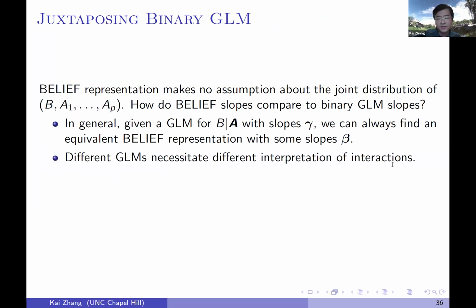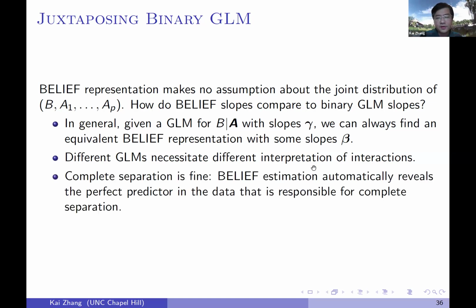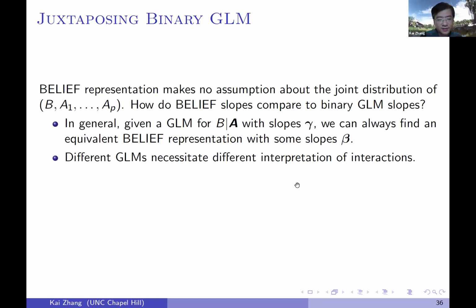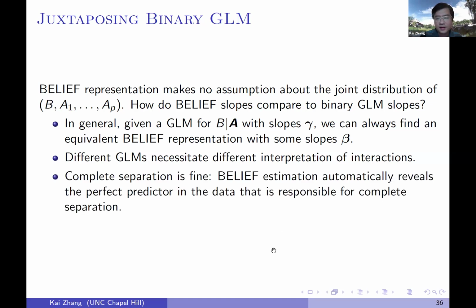The model conditions lead to different interpretations, particularly on interaction terms. We'll talk about this in 2 minutes, and that will lead to some issues in practice. I want to mention another drawback of GLM, which is complete separation, right? That's a well-known problem. But for belief, there's no problem. It's still least squares and well-defined inference.